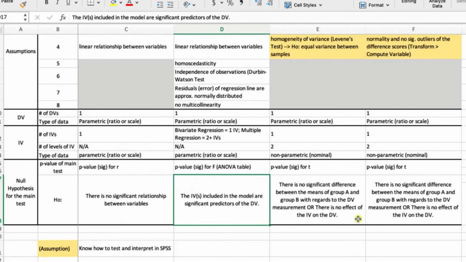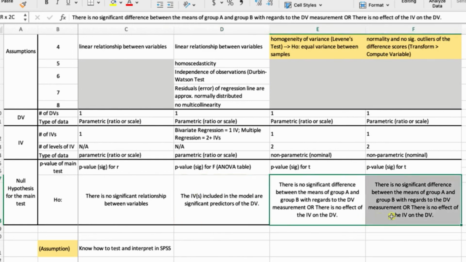And then for our t-test, we were just mainly interested in if there was an effect of the independent variable on the dependent variable, and another way we worded this is if there is a significant difference between the means or not, right? In all cases, the null hypothesis is always going to argue that we have no relationship, no significant predictors, or no significant effect.